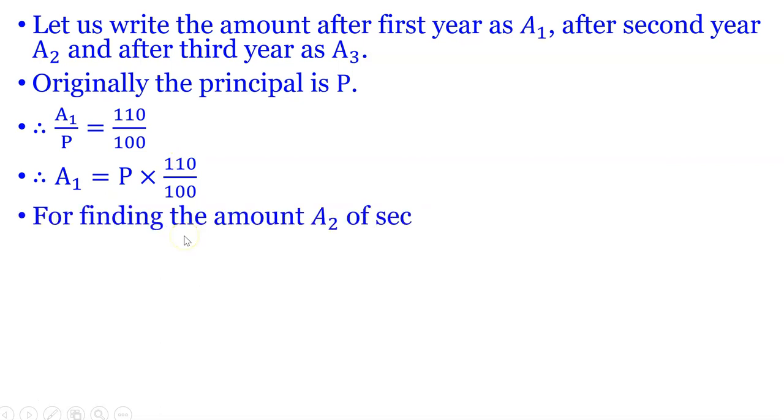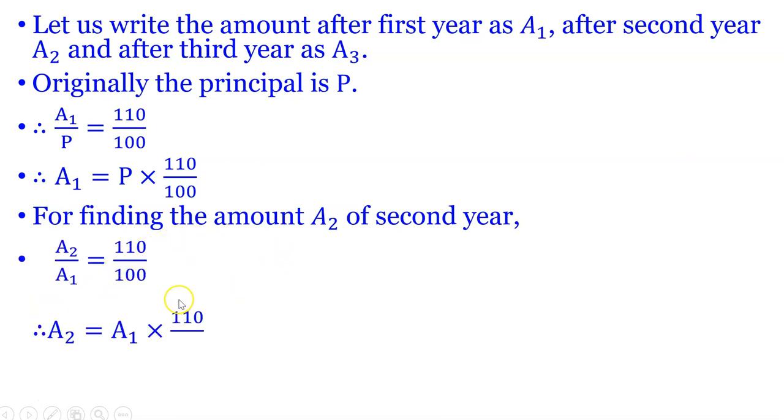For finding the amount A2 for the second year, A2 upon A1 is equal to 110 upon 100. And therefore, we can calculate from this ratio, A2 is equal to A1 into 110 upon 100. And we'll substitute the value of A1. But what is A1? A1 is P into 110 upon 100. And therefore, A2 is equal to P into 110 upon 100 into 110 upon 100.